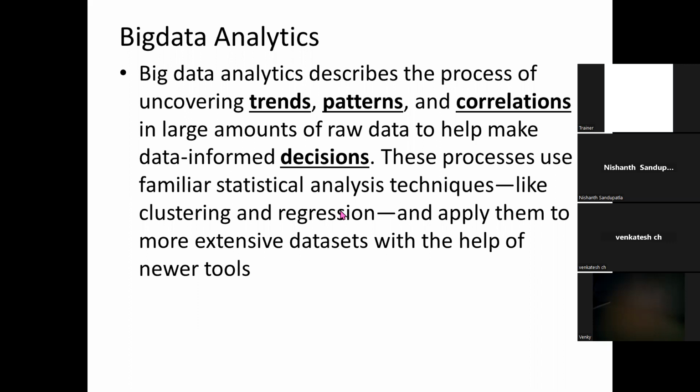So these kinds of decisions, trends and patterns, we get from big data analytics. Of course, there are many processes like statistical analysis, regression and clustering that you have to do. So big data, analytics and cloud computing support this kind of analysis and provide the supporting data, so that businesses can take those decisions.